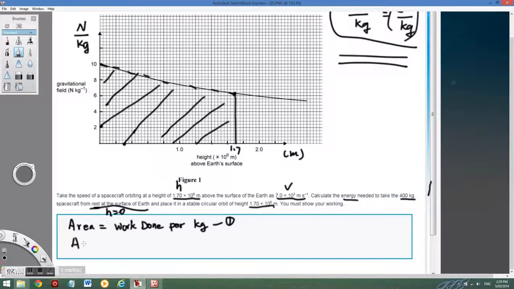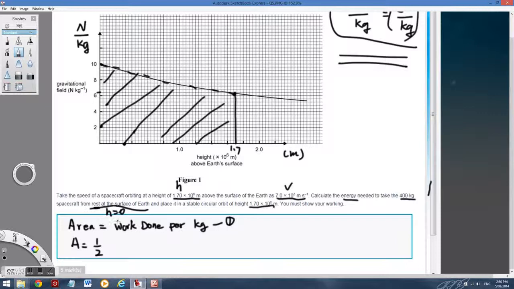Then find the area. You only need to give an approximate number. So it's about 6.2.